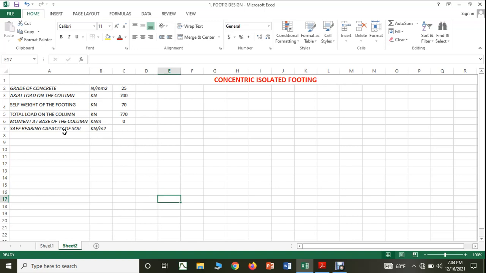This is again an input value, so I have to give the value. Let us give the safe bearing capacity of the soil, for the sake of understanding, as 300 kilonewton per meter square.